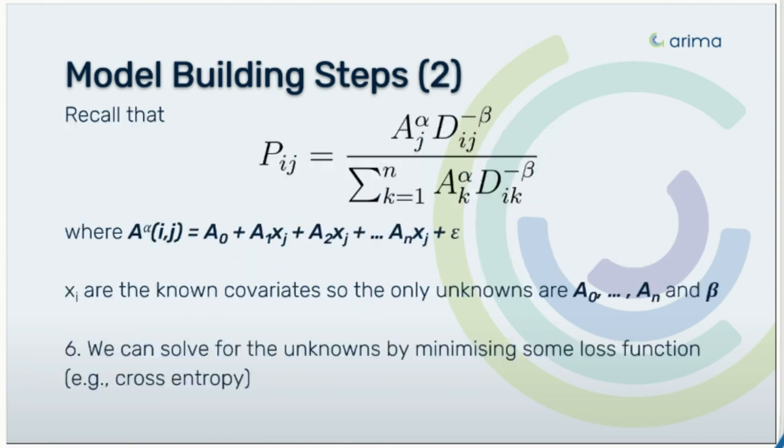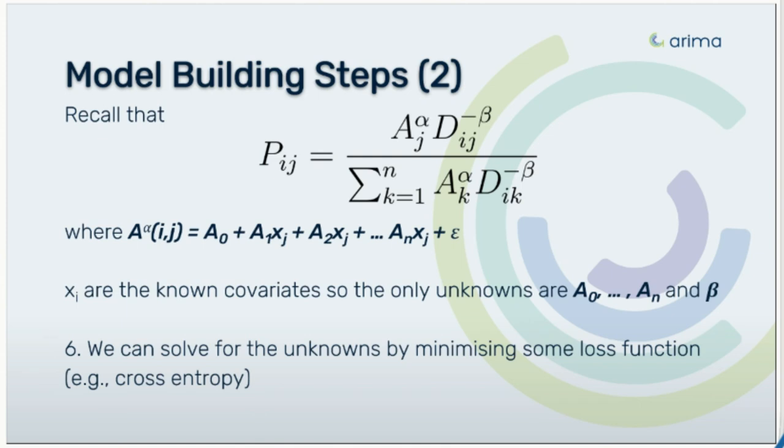So again, if you go back to the model, you'll see that these are some of the ingredients we have. The attractiveness, we have all the covariates. So it's basically nothing more than a regression model of trying to figure out what the coefficients are. As well, you'll also have to calculate your beta, which is your location decay function.